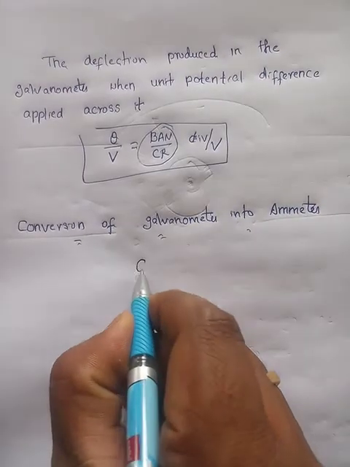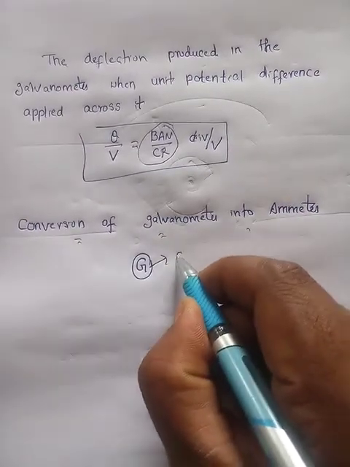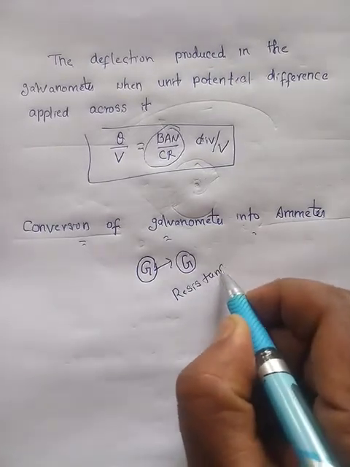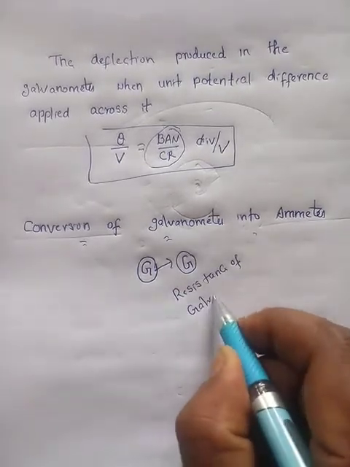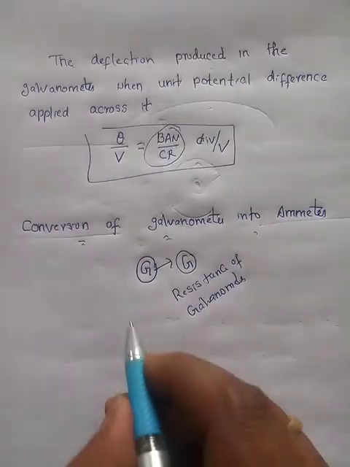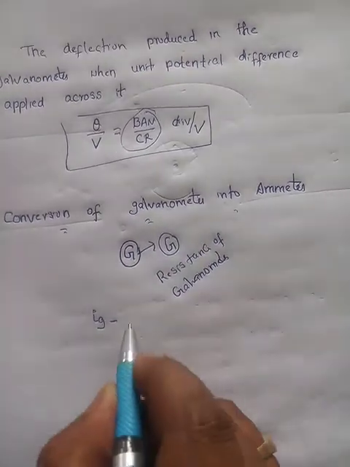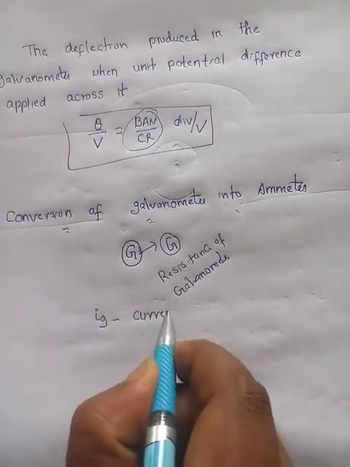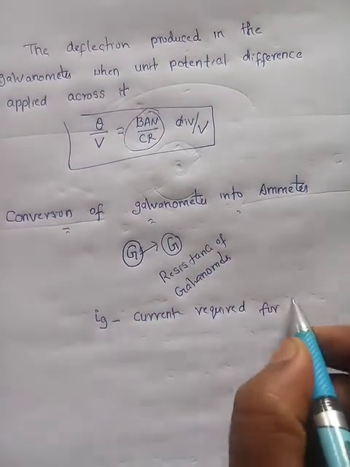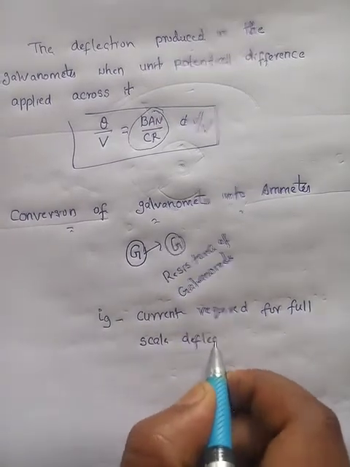Let us assume that the representation of the galvanometer is G, and it has a resistance of capital G. Ig is the current required for full scale deflection in the galvanometer.